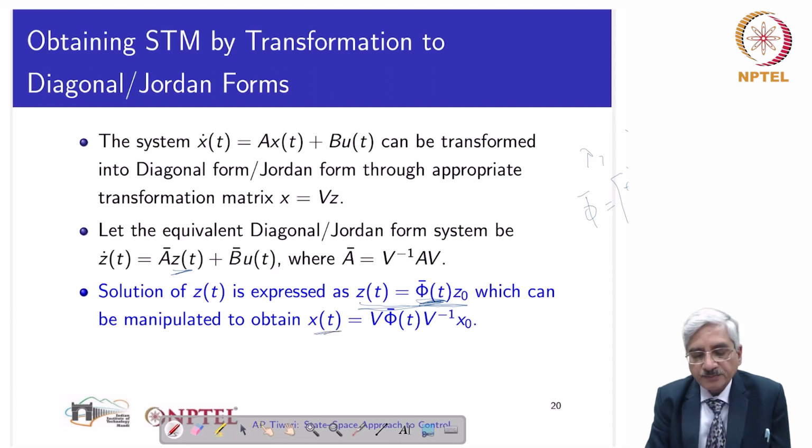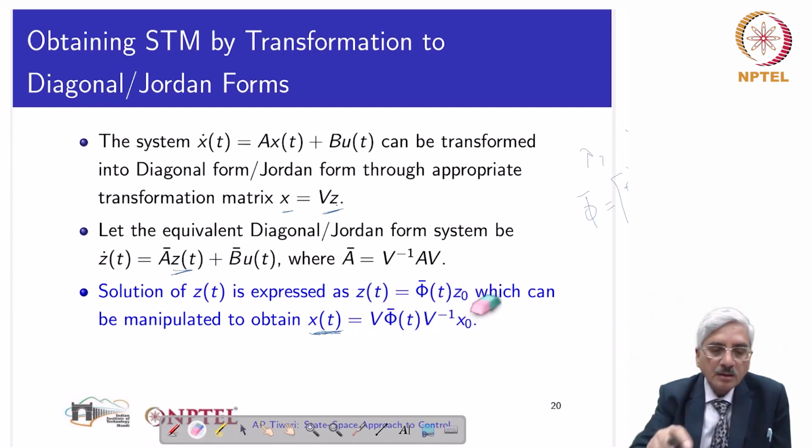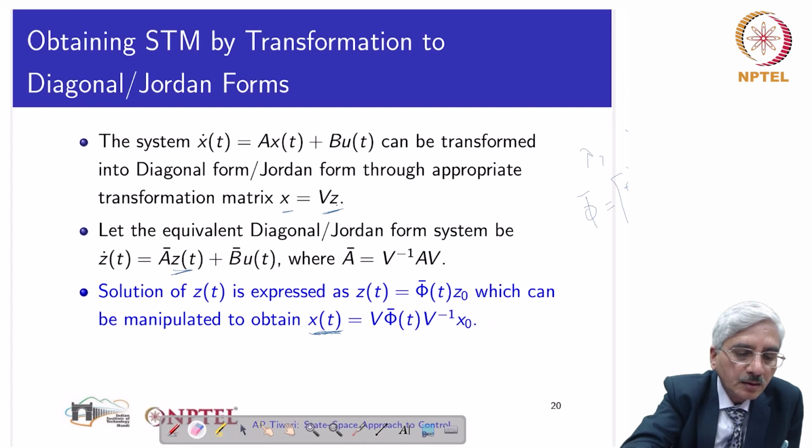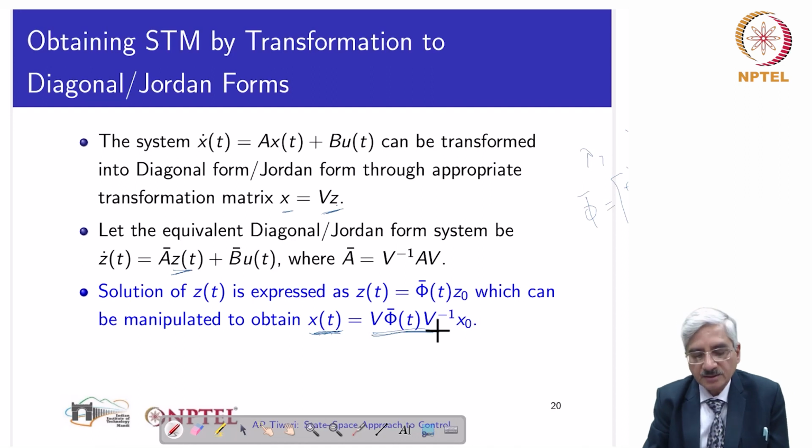So x t is V times z t, which is V phi bar z 0, and z 0 is V inverse x 0. So x t is V phi bar V inverse into x 0.